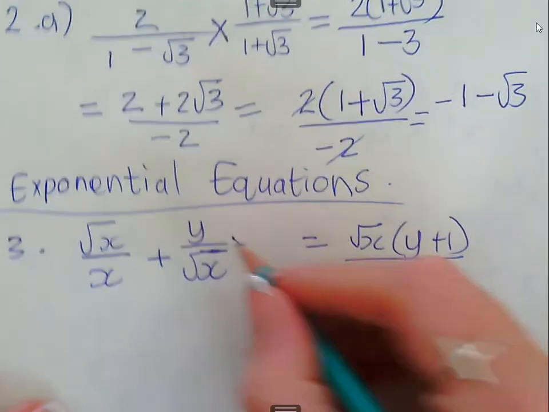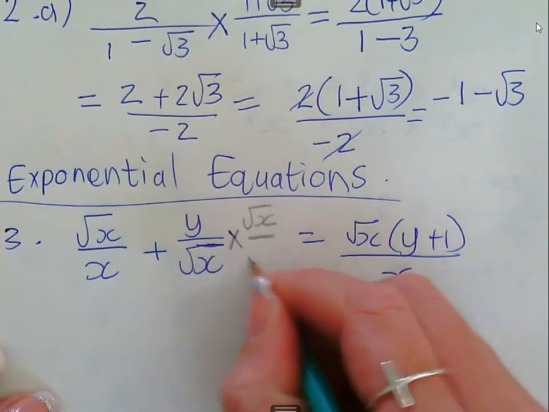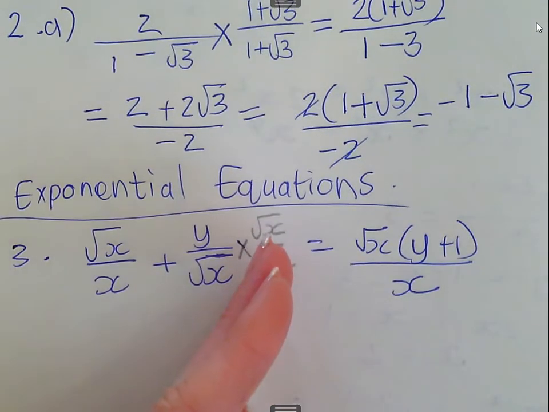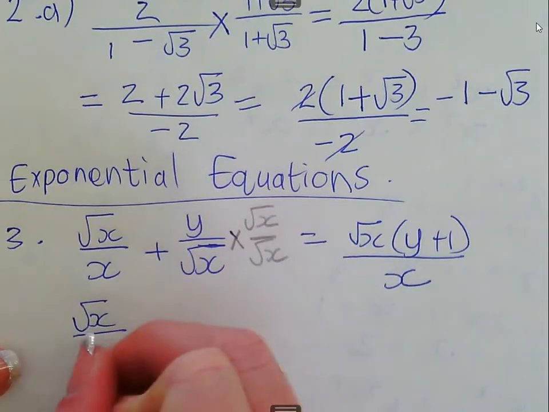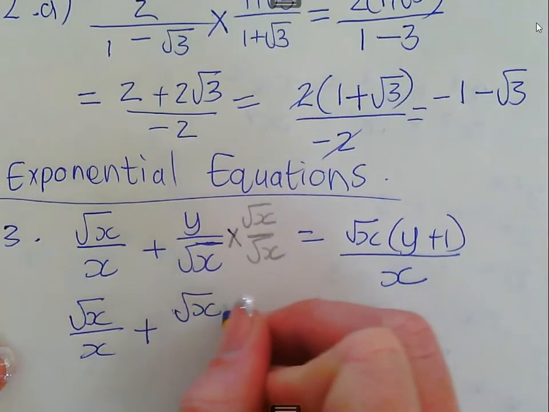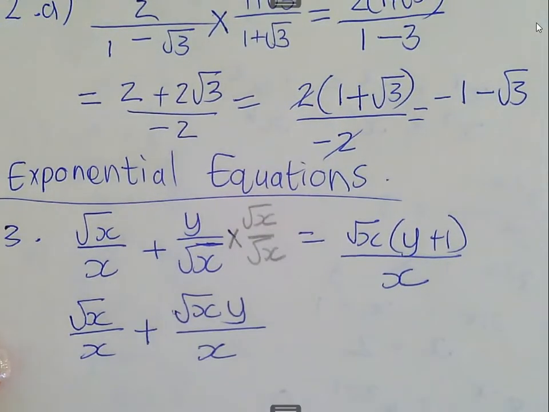I multiply this one with root x over root x. Because I'm just multiplying with 1, so I'm not changing it. So I've got root x over x plus root x y over x. You see that?